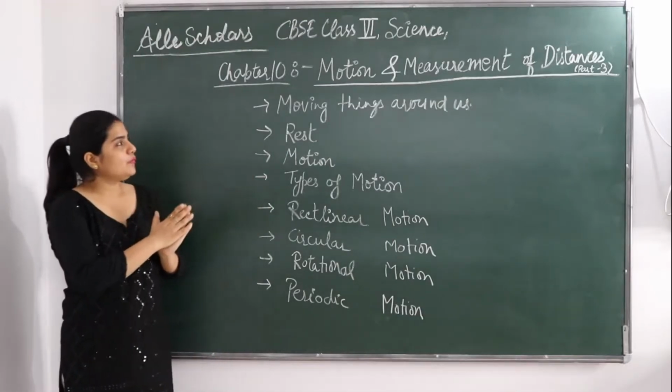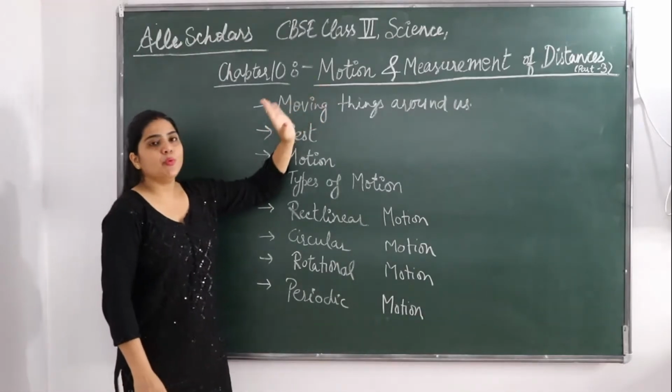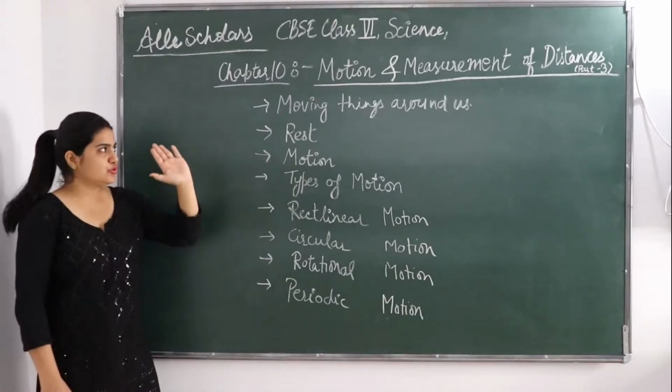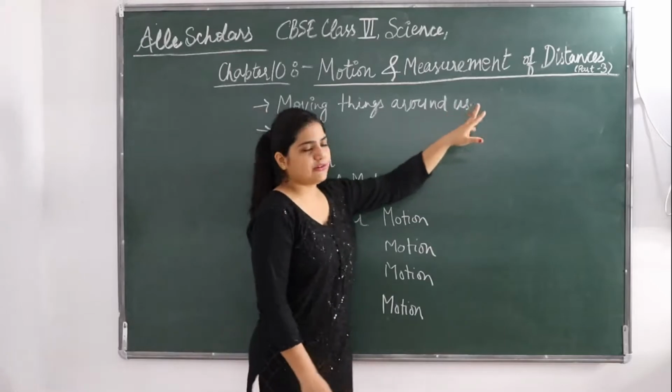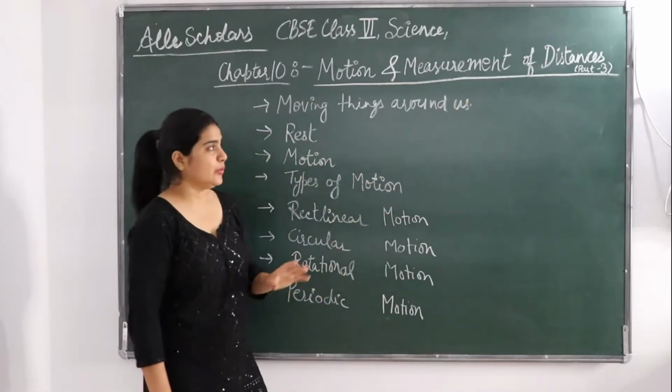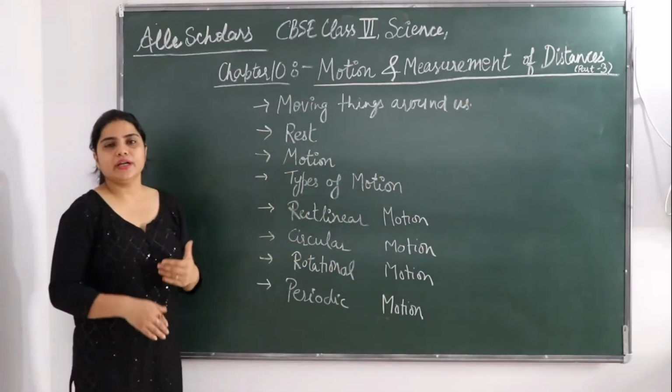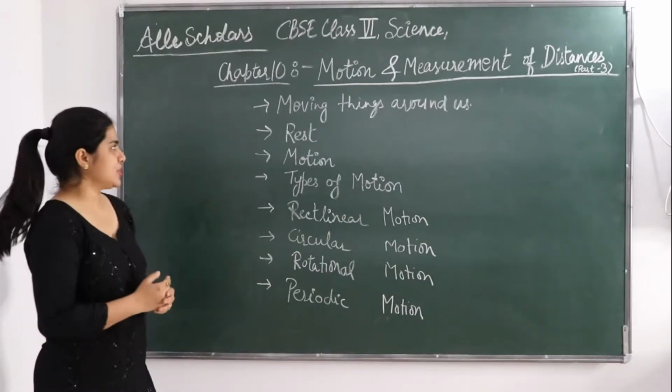Now, along with the measurement, there is motion in the same chapter. The measurement portion I have already completed, for that you can refer to my part 1 and part 2 videos. In this part, we are going to discuss motion.